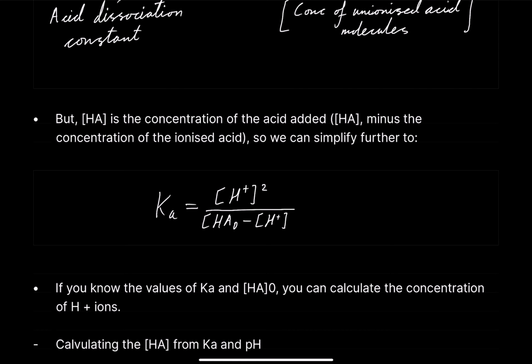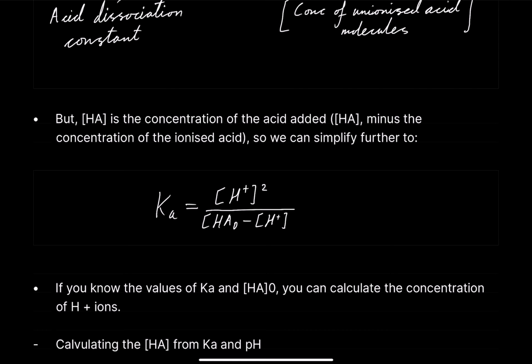So HA minus the concentration of ionized acid, because we may have a solution where we have strong acids and maybe a weak acid or some sort of other solution that's involved, and we need to work out the concentration of HA by itself.